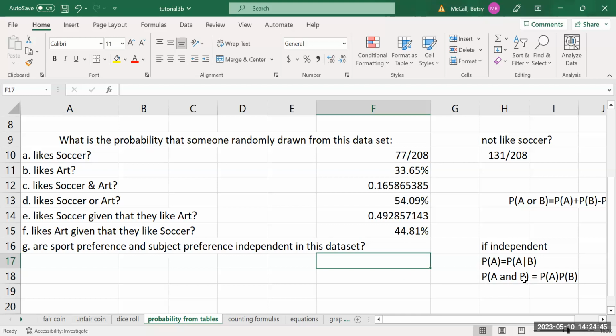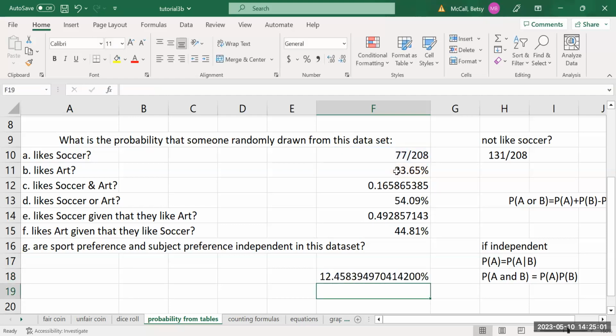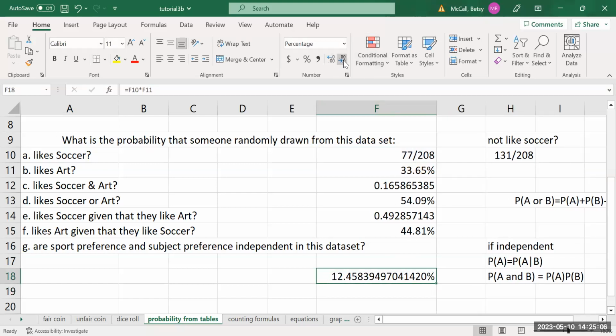Now, we could also do this calculation. We could calculate these two probabilities, the probability that you like soccer and the probability that you like art. Probability of this times the probability of that. And again, that's a percentage with way more decimal places than we really need. And we would want to compare that to the probability of soccer and art, that intersection.